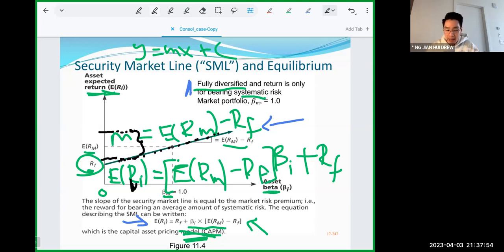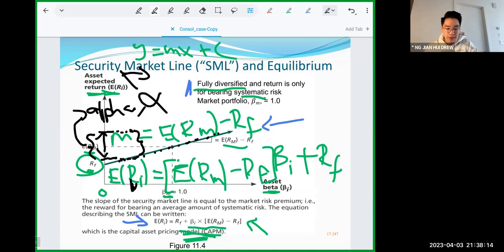security market line. And this excess return is given by alpha, A-L-P-H-A. So this component here, or alpha, is the abnormal returns that we have been talking about when we're discussing the efficient market hypothesis.